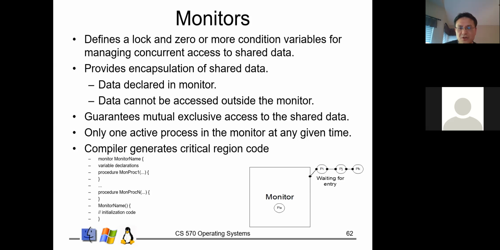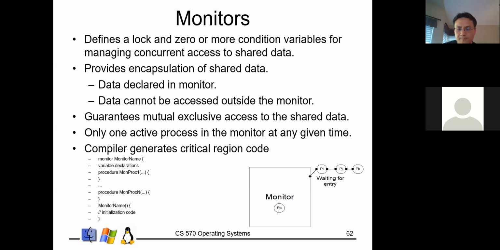A monitor would encapsulate the data that can be used by only one process at a time. Essentially the data encapsulated in a monitor can only be accessed and manipulated by the functions of the monitor, one process at a time.